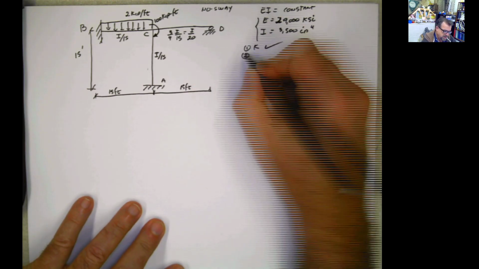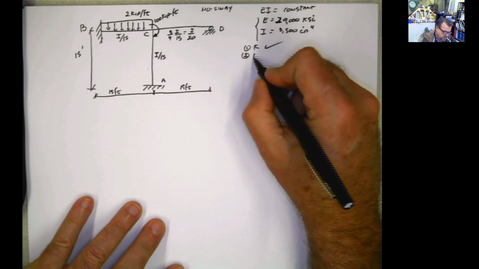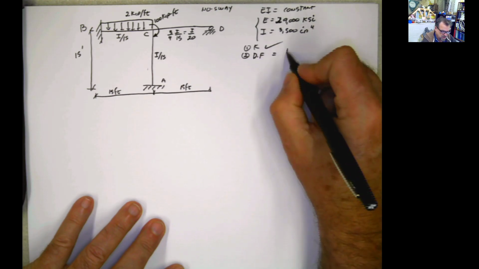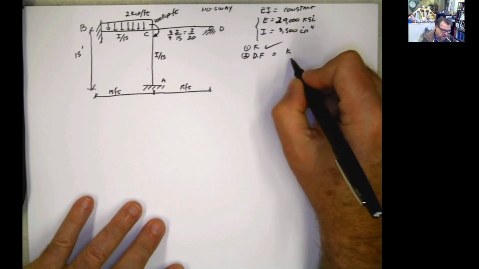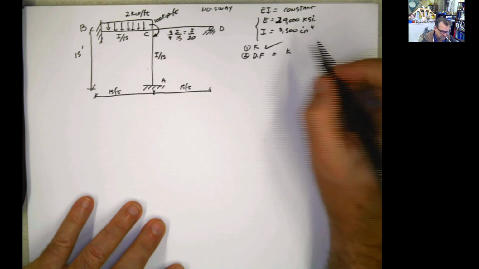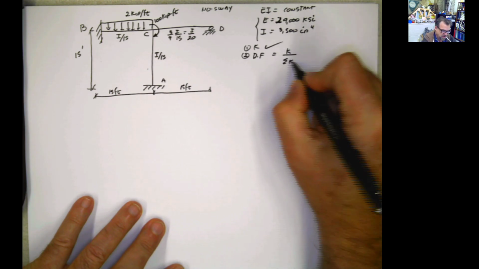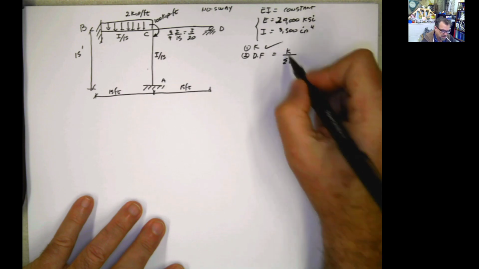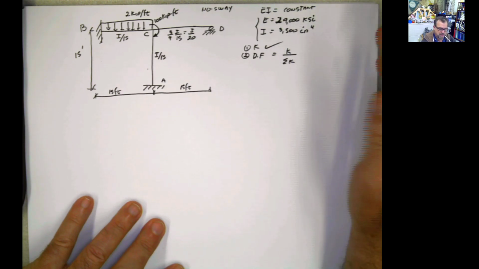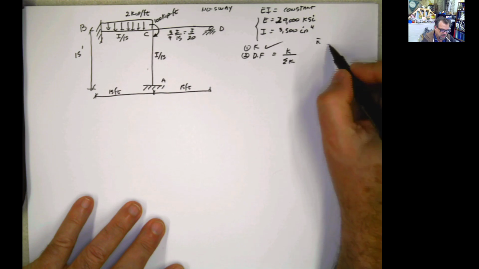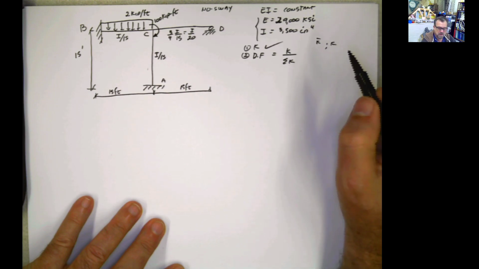Now the second step is finding the distribution factors. The distribution factor is the K of the member we are trying to find the distribution factor for, divided by the summation of the K's. Either absolute K or relative K is the same thing. Remember, absolute K is the K with the bar, relative K is the K without the bar.